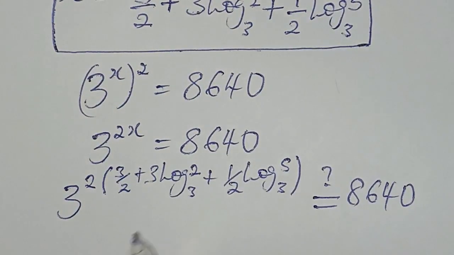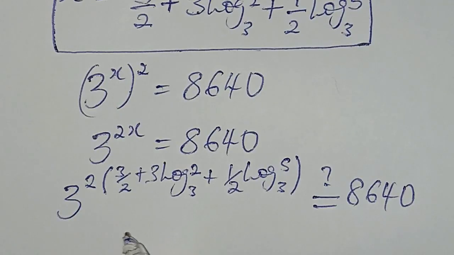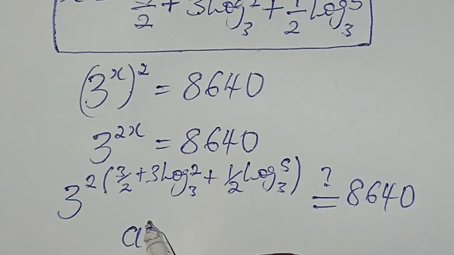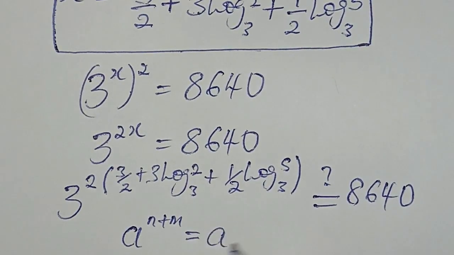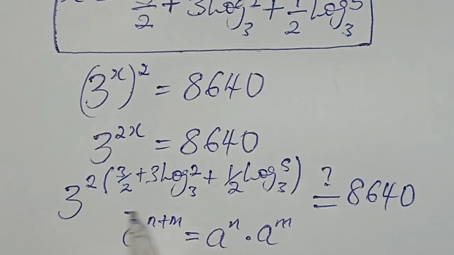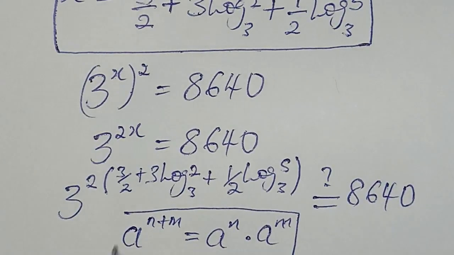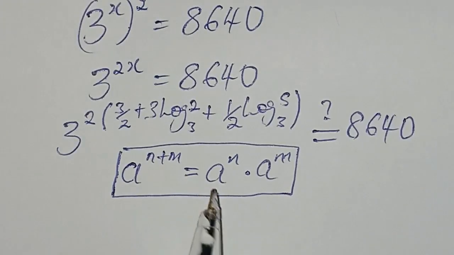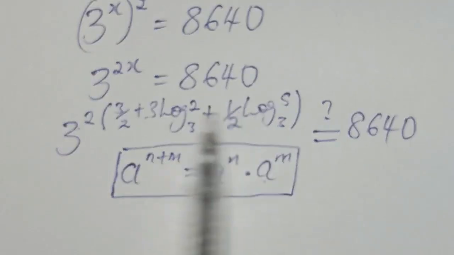Now from our exponential identity, if we have base a to the power of n plus m, we can rewrite that as base a to the power of n multiplied by base a to the power of m. So if we consider this identity, we can use it to simplify this.